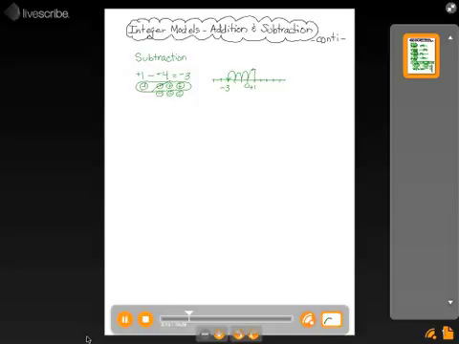Now, if we have a positive 1 and we're subtracting a negative 4, again we start with a positive chip and we want to take away negative 4 chips, but we don't have negative 4 chips.